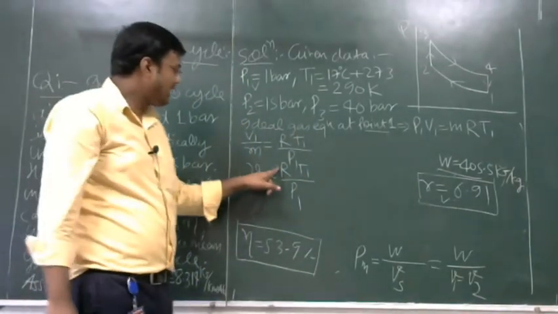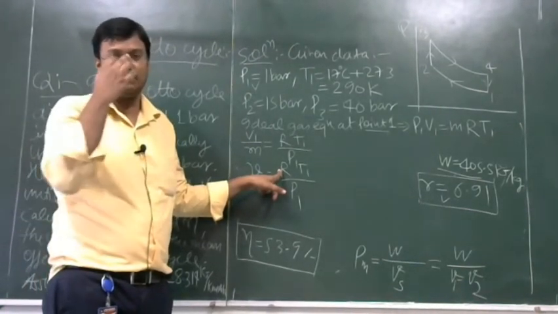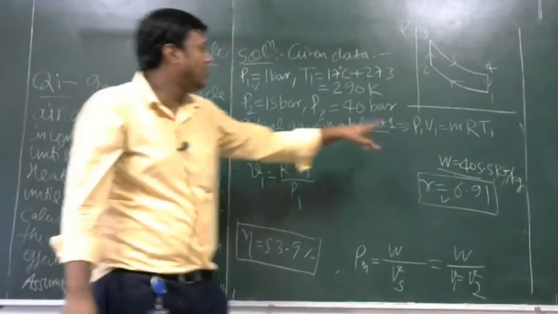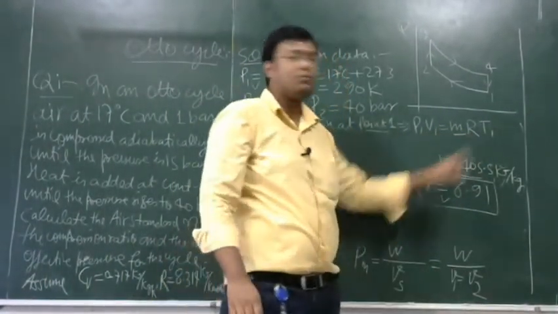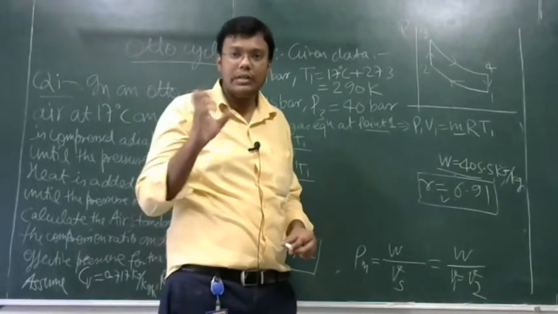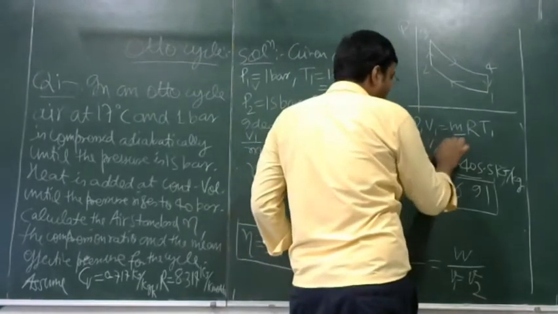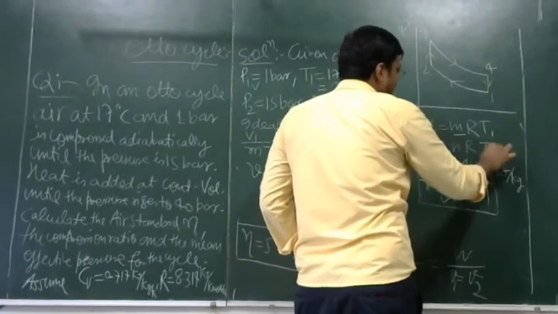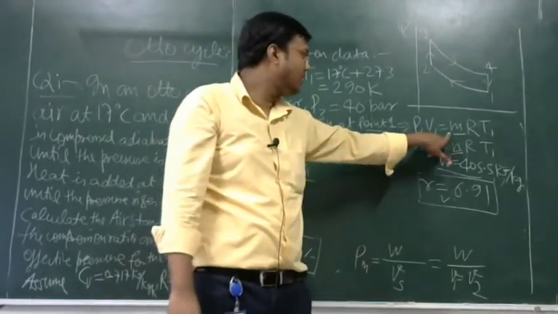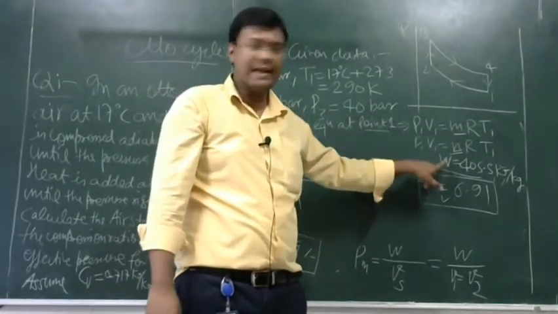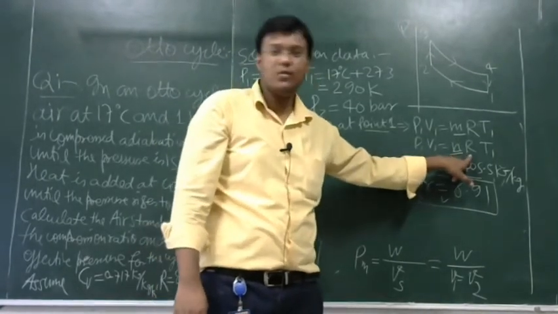Now, this R is the particular gas constant, not the universal gas constant. We have studied the ideal gas equation PV equals mRT, where m is mass and R is the particular gas constant. If we write PV equals nRT, where n is the number of moles, then R is the universal gas constant.